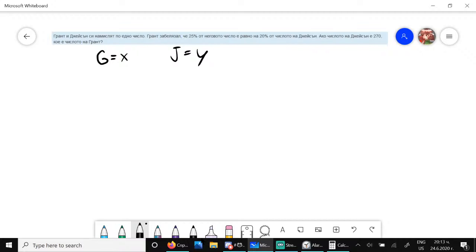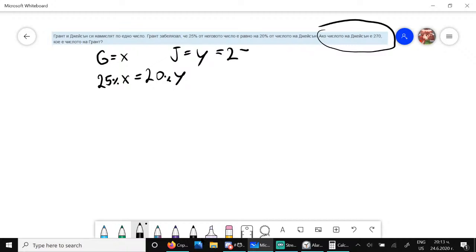Grant saw that 25% of his number is equal to 20% of Jason's number. We know from this sentence that Jason's number is actually equal to 270. So we have the following equation.